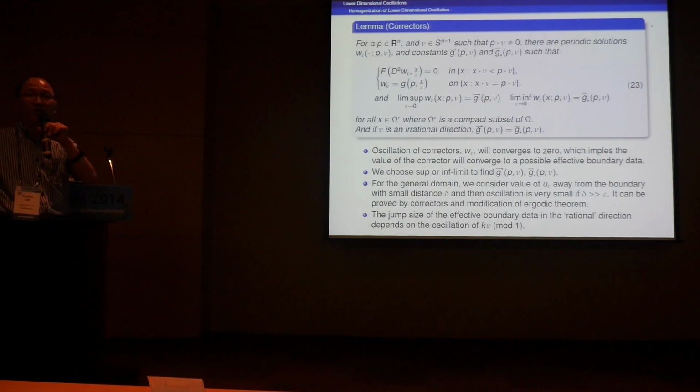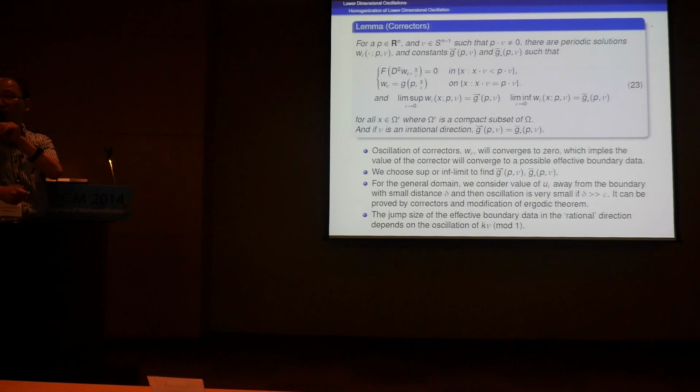Then if you are away from the boundary, it averages out. You choose the largest one and the smallest one among them. They will play like G upper star and lower star. Therefore, at the irrational direction, your effective boundary data will be continuous. At the rational direction it is not continuous, but still you can capture the size of the oscillation.